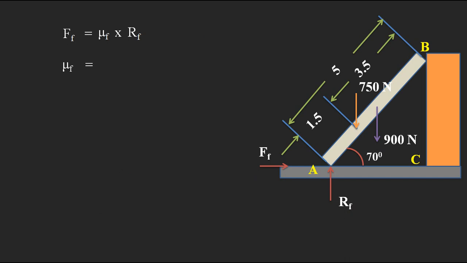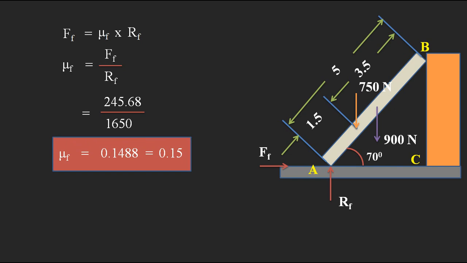Mu F is equal to FF by RF. So automatically substitute 245.68 divided by 1650. So mu F, the value we get is 0.1488. So approximately we can write it as 0.15, the coefficient of friction.